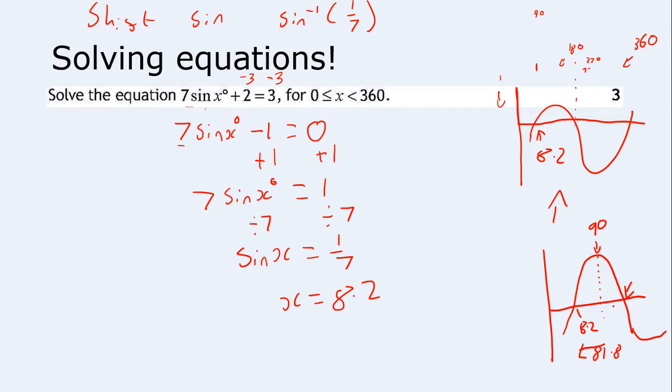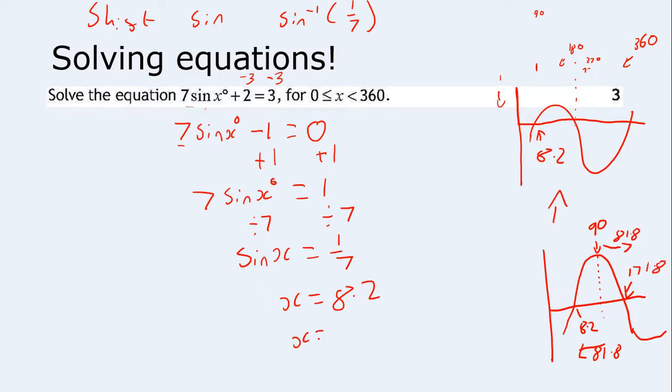81.8. And so what we'll do is we'll add 81.8 to this side, and because it's symmetrical, that'll tell us what this value here is. So if I just add 90 to that, that's going to give me 171.8.